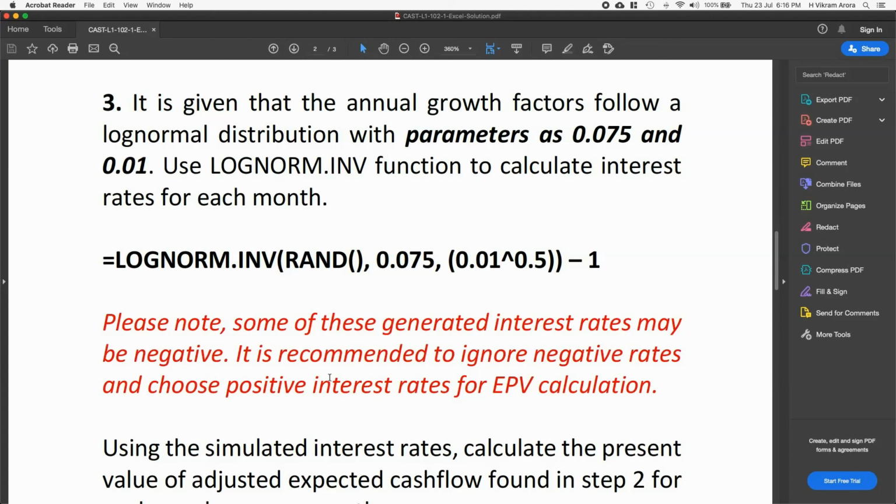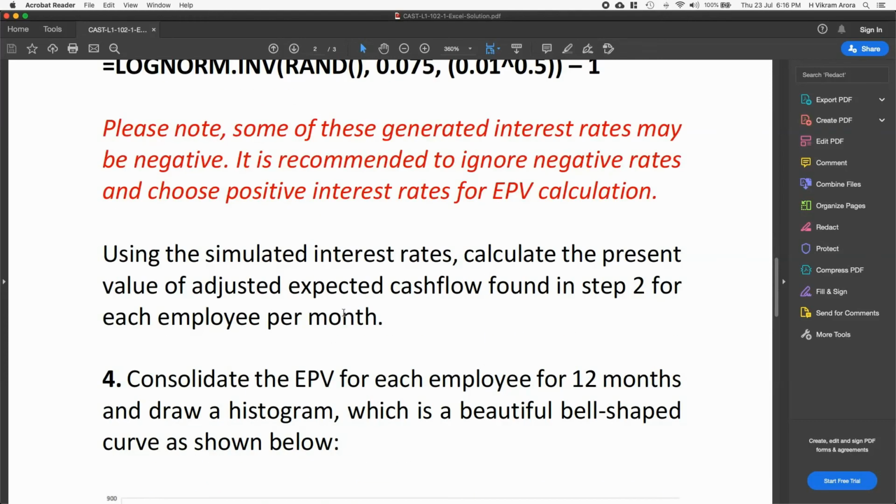Once you have the monthly interest rate for 12 different months, you calculate the present value, which is the expected present value, because we already have the adjusted expected cash flow. We are calling it expected because we have adjusted our gamma distribution from that.